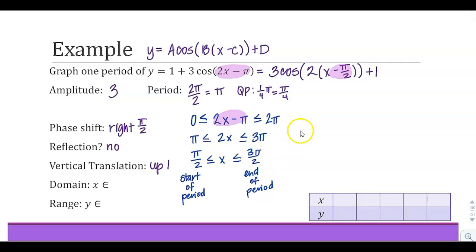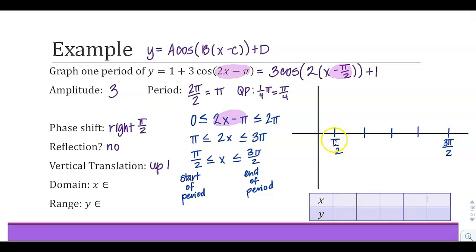So now let's go ahead and draw our xy plane. So here we have the start of our period, pi over 2, and the end of our period, 3 pi over 2. We still do need to label the tick marks on the inside. And we did find the quarter period was pi over 4, so each of these has to go up by pi over 4 every time.